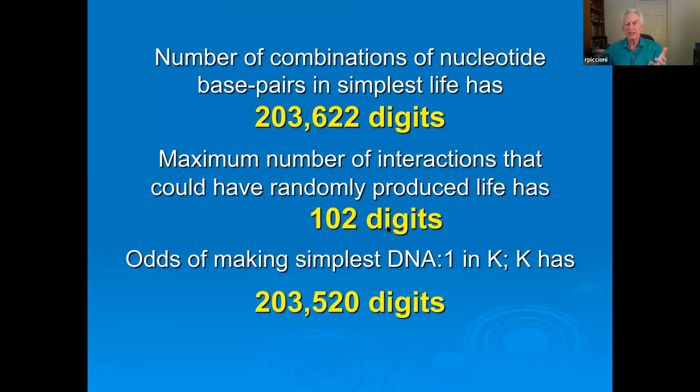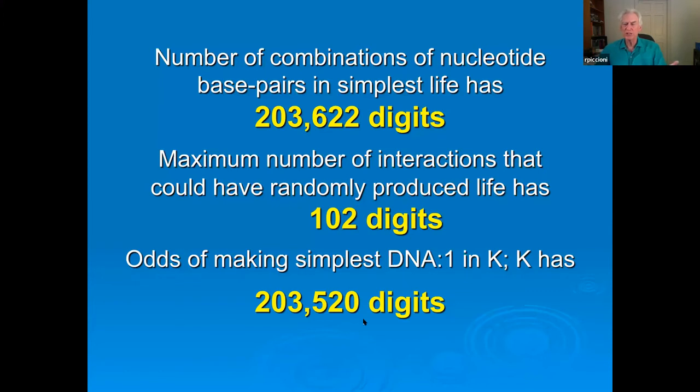Let's say that I wanted to say that the universe was a trillion times bigger and had that many more atoms. That's 10 trillions. That's 120 digits. If I said that instead of this, I would have 203,400 digits.